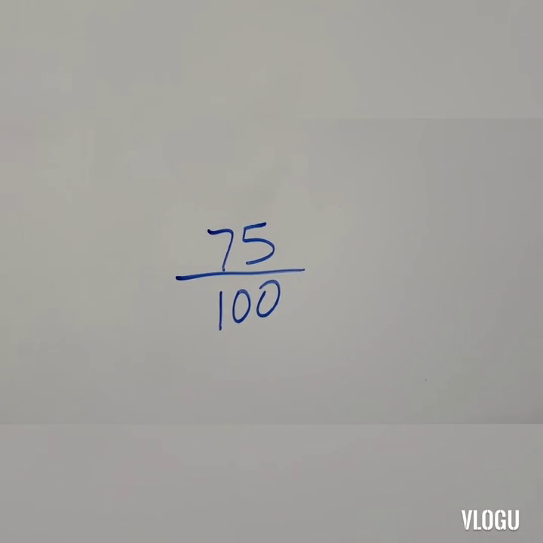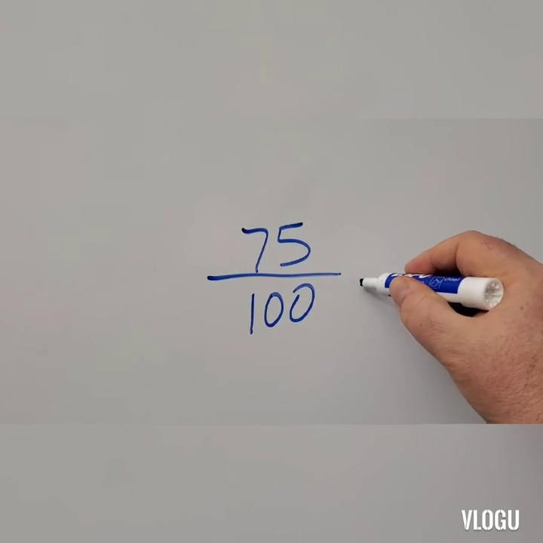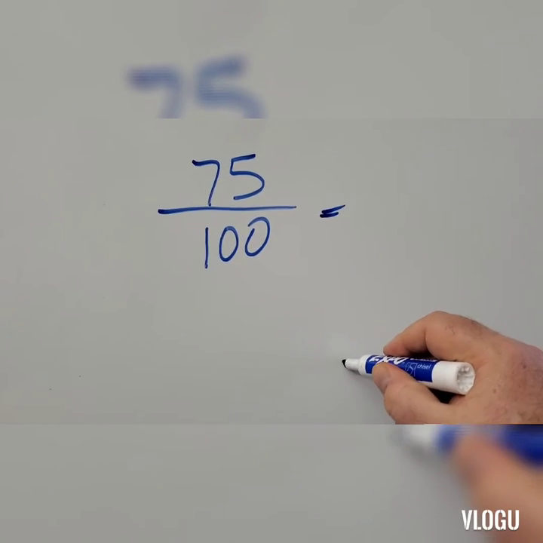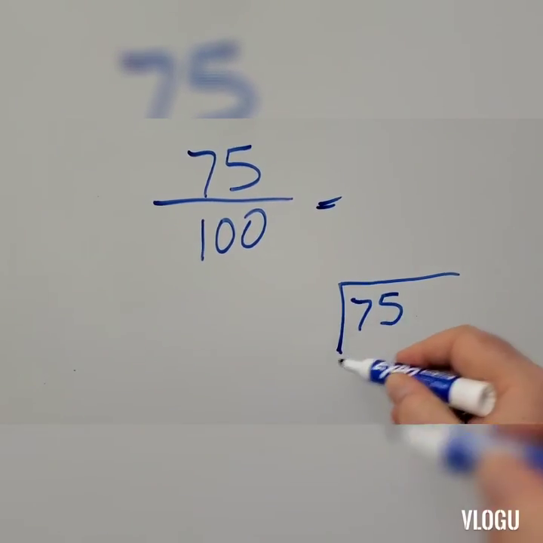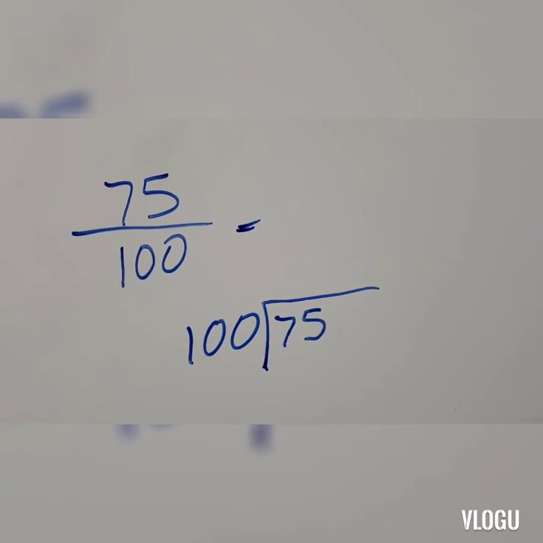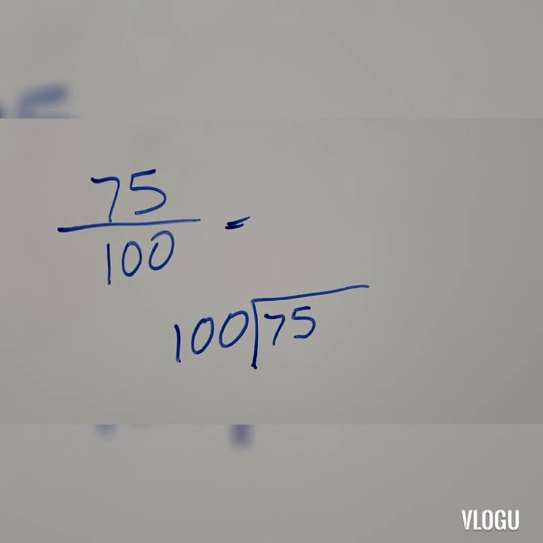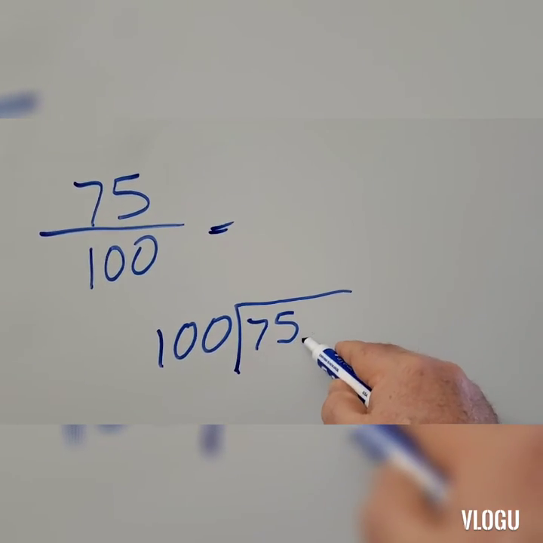What if we have a fraction like 75/100ths? All right, well, we need to do a division problem. I can look at it and see right now 100 does not go into 75.